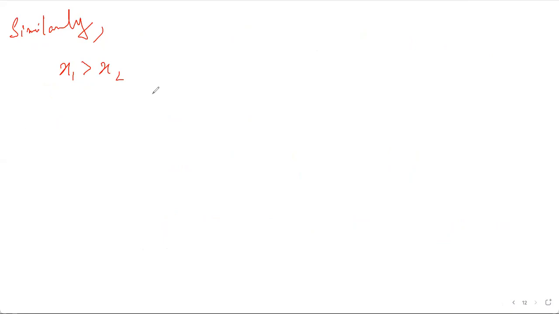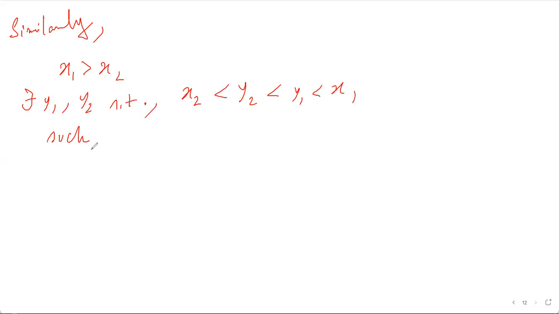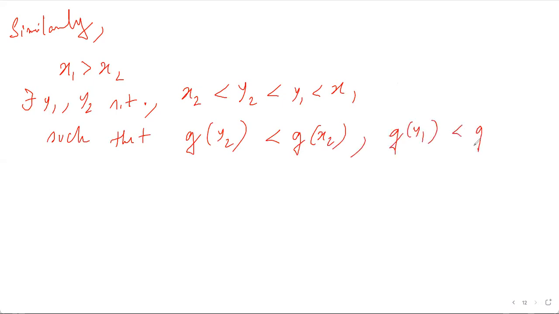Again there are points y1, y2 such that x2 is less than y2, less than y1, less than x1, such that g of y2 is less than g of x2, and g of y1 is less than g of x1.